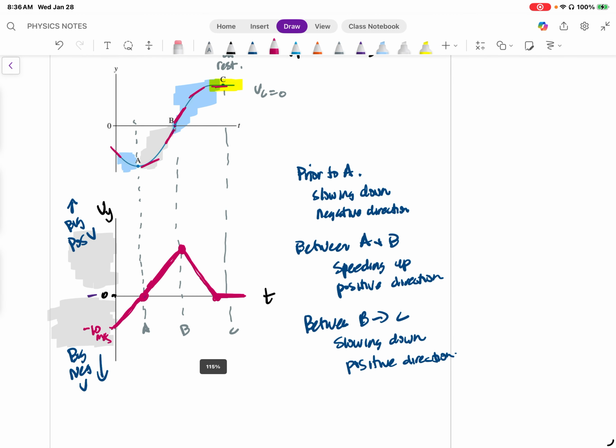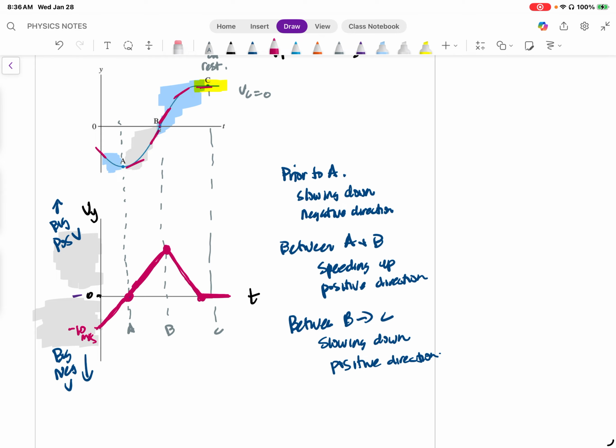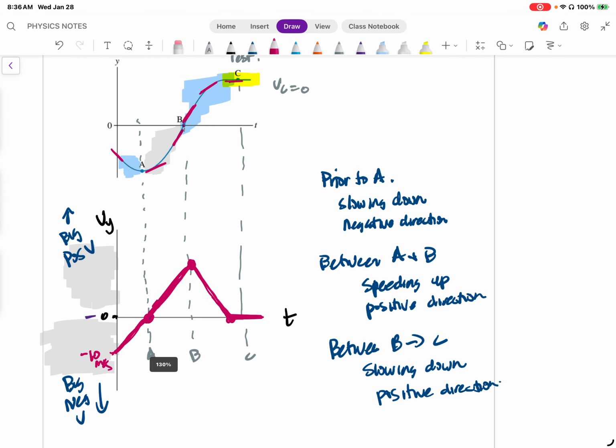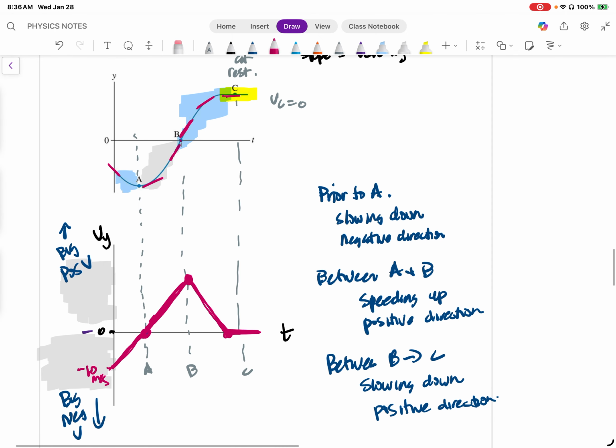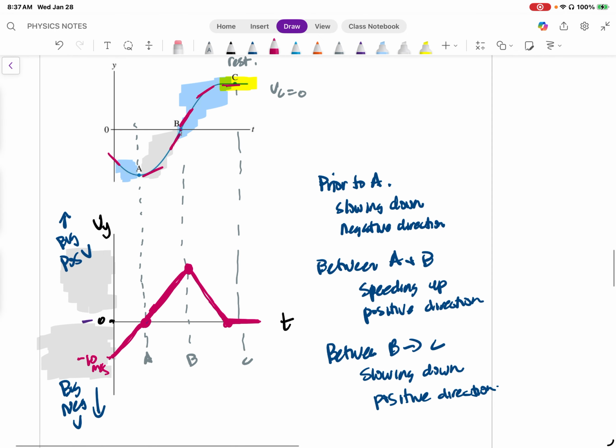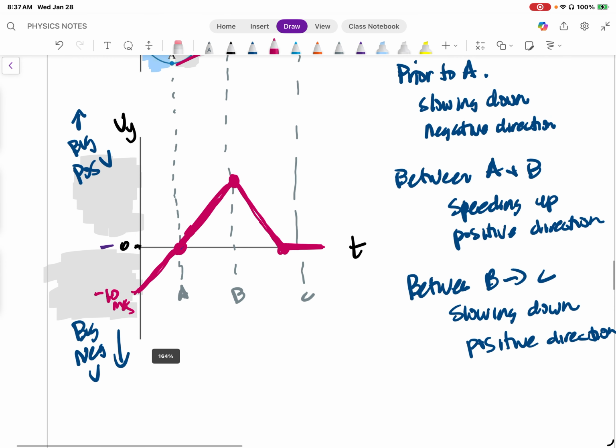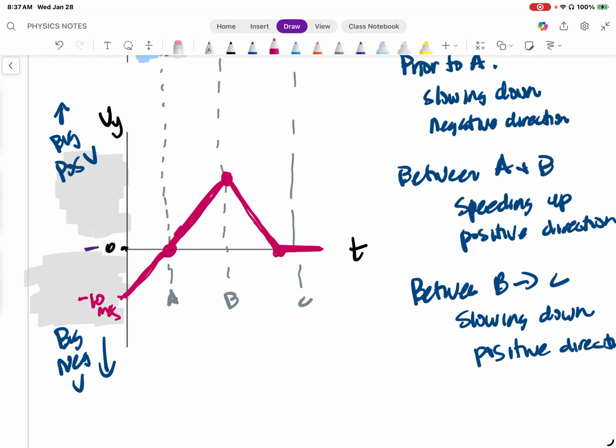Okay, so this graph that we've shown here in this reddish pinkish color is a velocity time graph that corresponds to the position time graph above. Before I stop here, I want to highlight one thing that tends to get super confusing. When I'm looking at a velocity time graph, it's important to remember that this section is showing a slowing down.